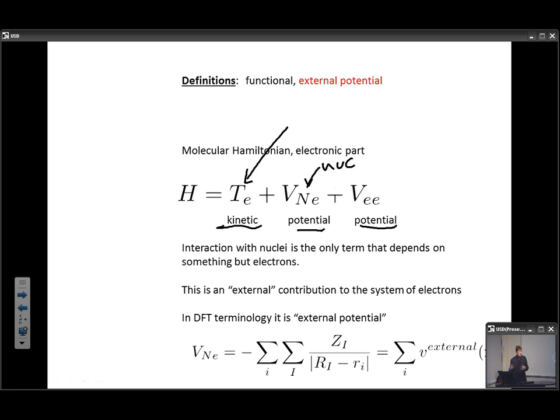Right? It depends only on either the wave function or the density of electrons. The electron interaction also depends only on electrons. And the only term that refers to something perturbative, something that comes from outside, is this potential energy of interaction with nuclei. Right? So we can write it down as the charge of a nucleus and the distance between an electron and the nucleus. And then we make a summation over all nuclei.